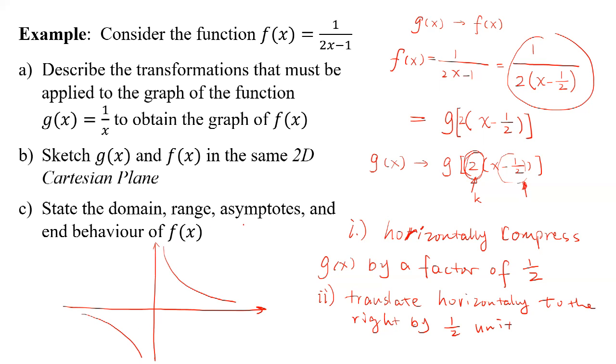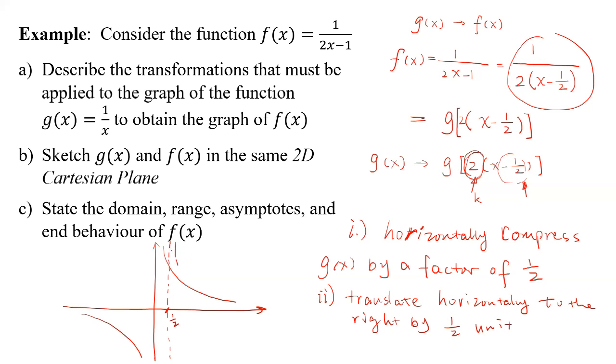And in order to get the transformed function, first of all, compress horizontally and then translate horizontally to the right by 1 over 2 unit. So the vertical asymptote will come here, x equals 1 over 2.